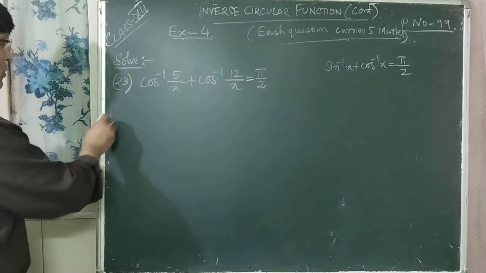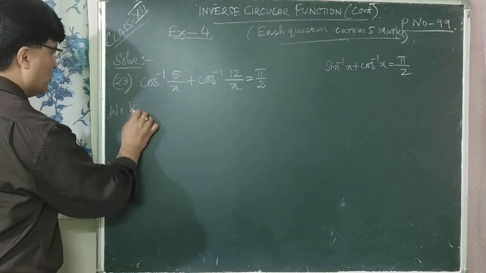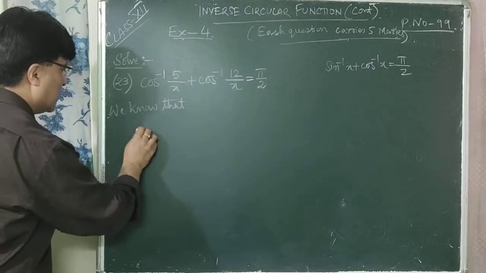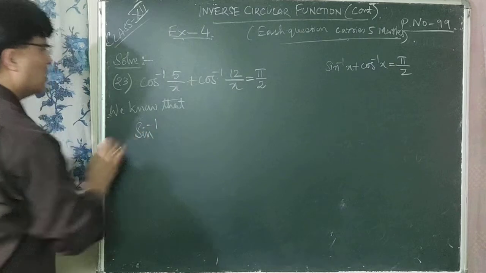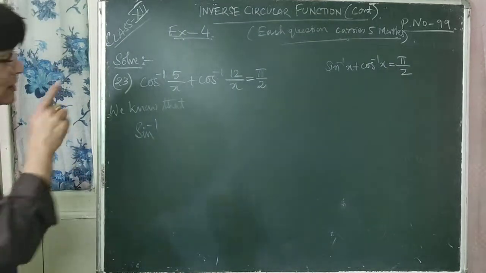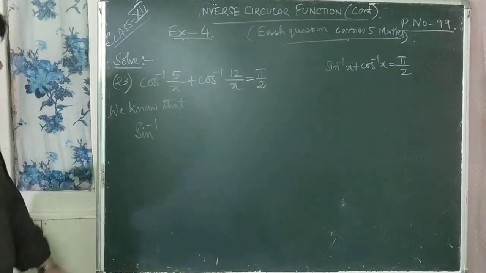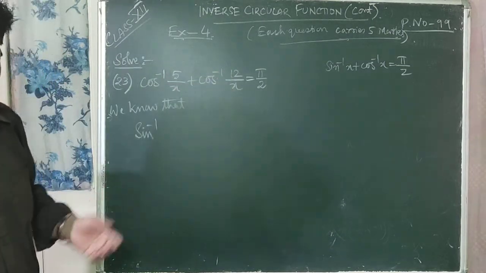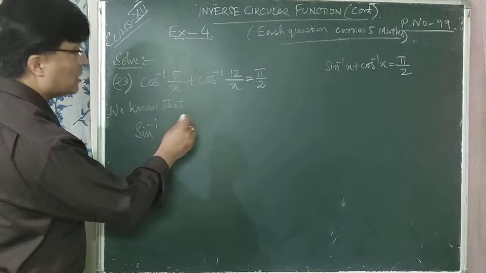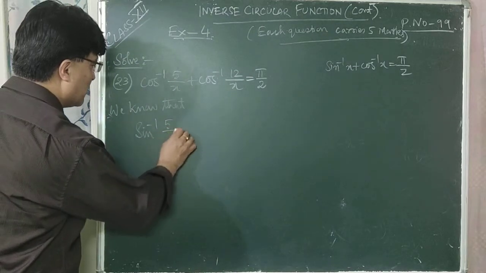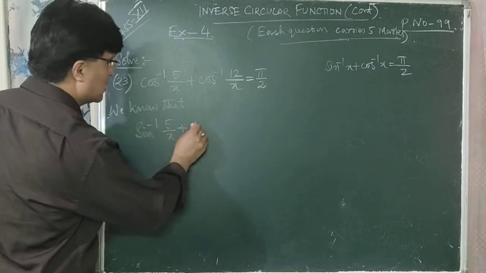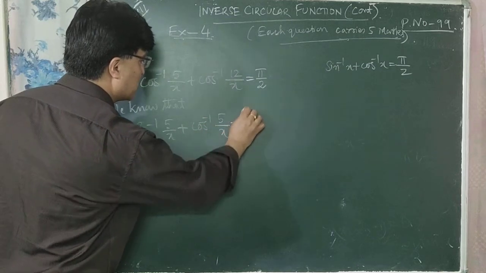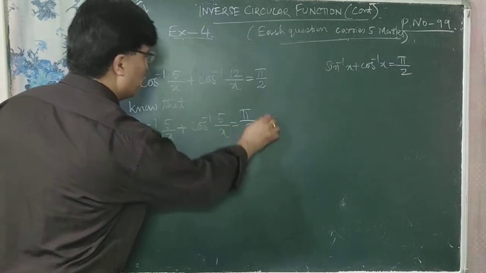Okay. So we know that sin inverse, I already told you that instead of that x you can write either 5 by x or 12 by x. Let us write 5 by x. So this is sin inverse 5 by x plus cos inverse 5 by x is equal to pi by 2.